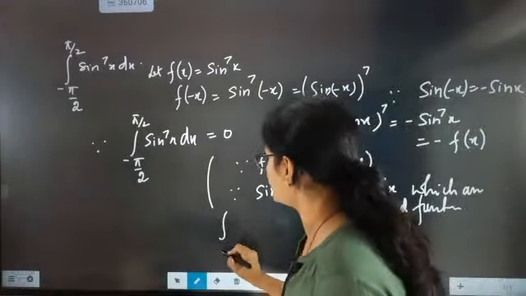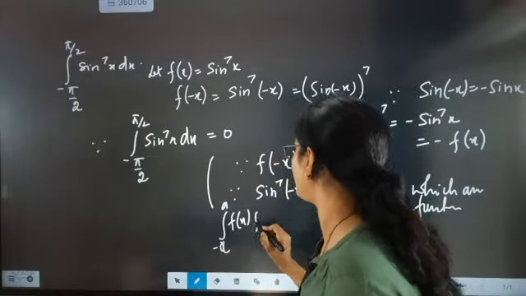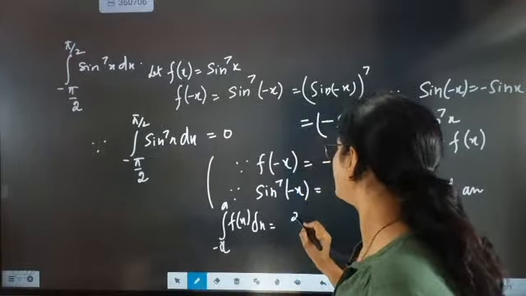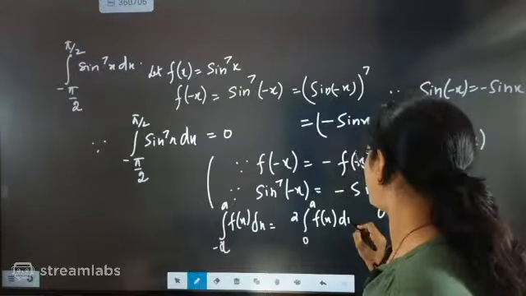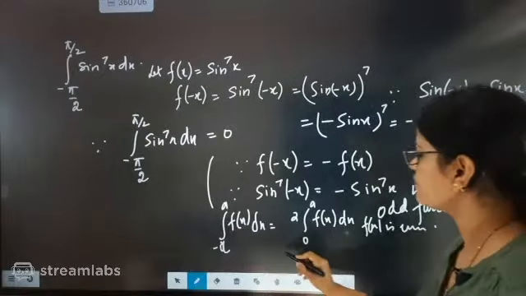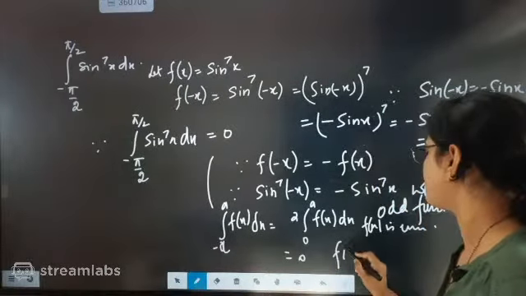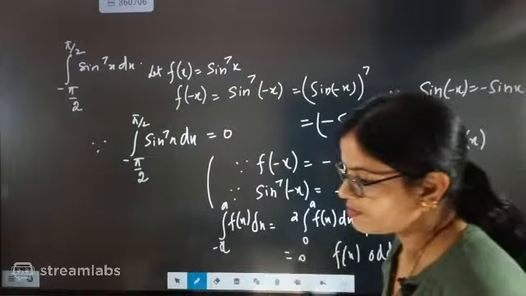So when the integral from minus a to a of f of x dx is coming, it will become twice the integral from 0 to a of f of x dx if f of x is even, but it will become 0 if f of x is odd. So I just related everything and wrote. I didn't miss a single point.